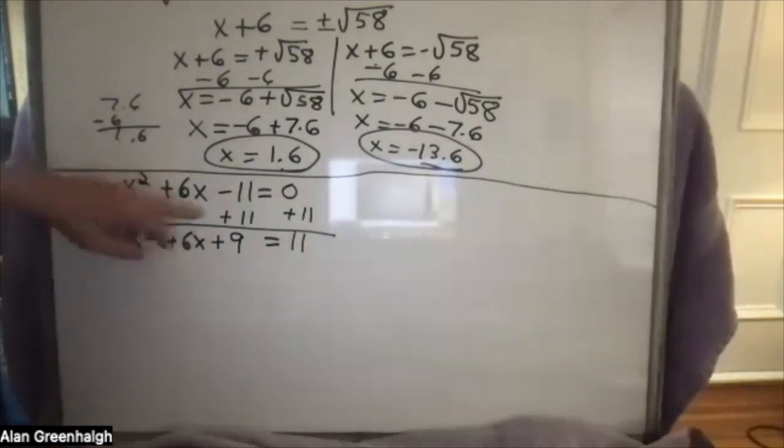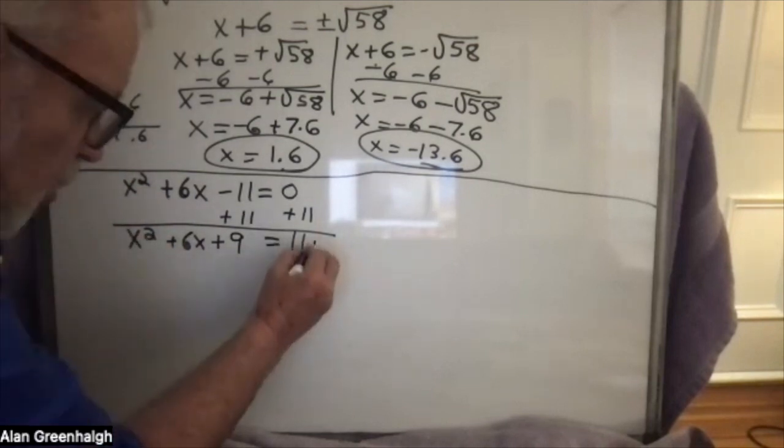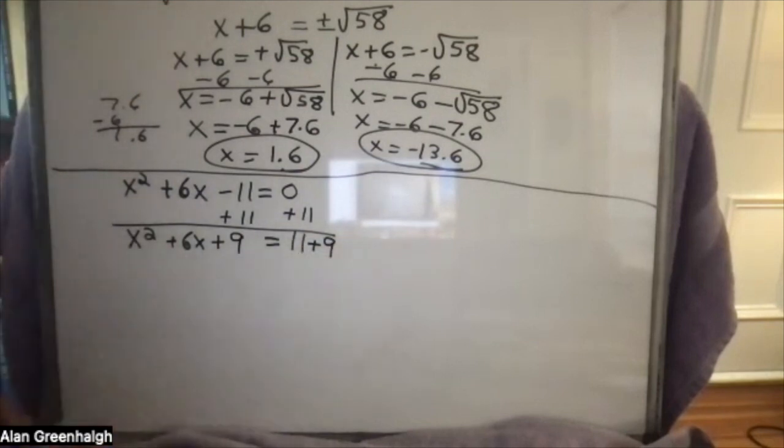So again, bring the 12 over, take half the 6. Half the 6 is 3. 3 squared is 9. You can't just add 9 to this equation without also doing it to the other side as well.